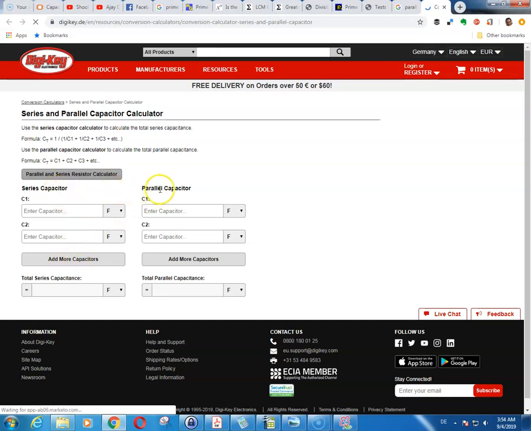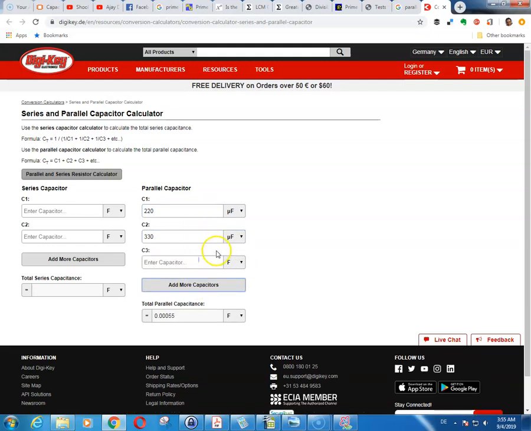So for example, if your capacitors are in parallel, you can enter your capacitors in the same unit: 220 there, and C2 again in microfarad was 330, and you can add more capacitors, again 470, and then the total capacitance, let me see if that changes.